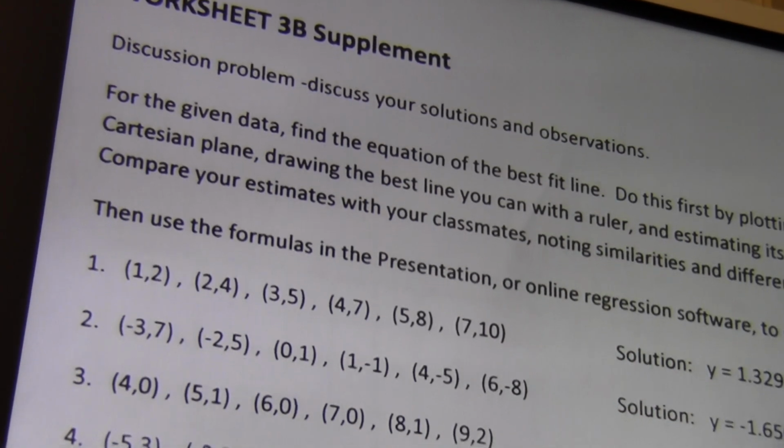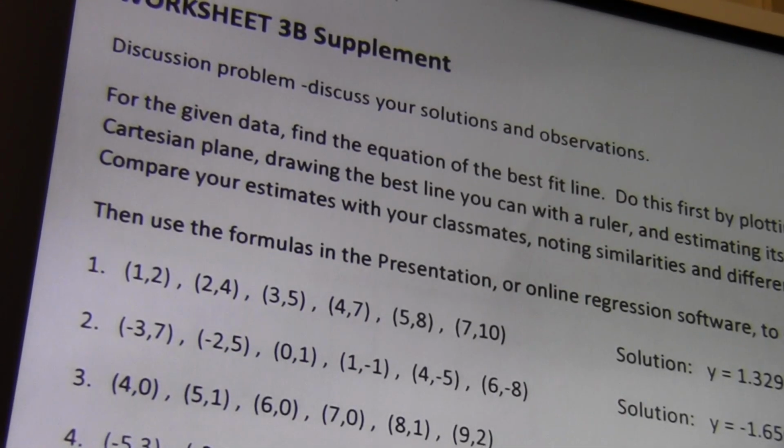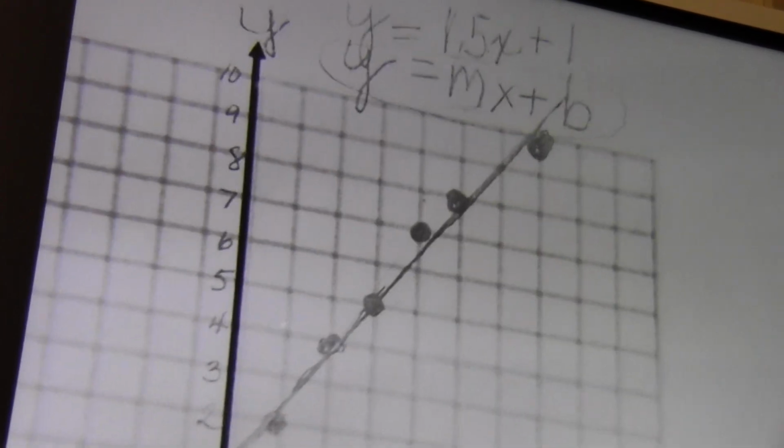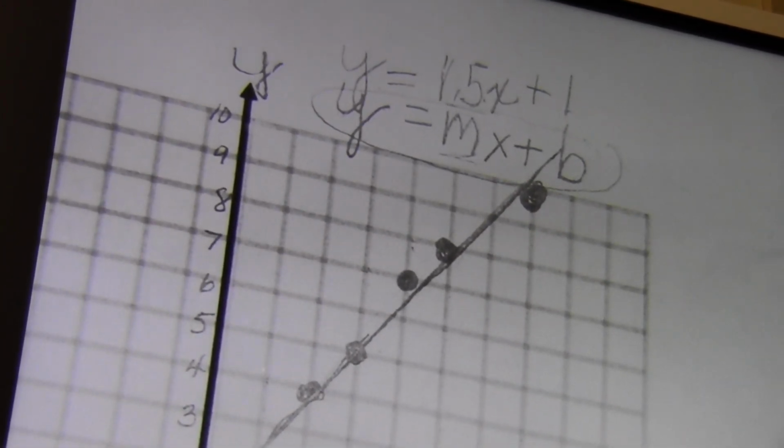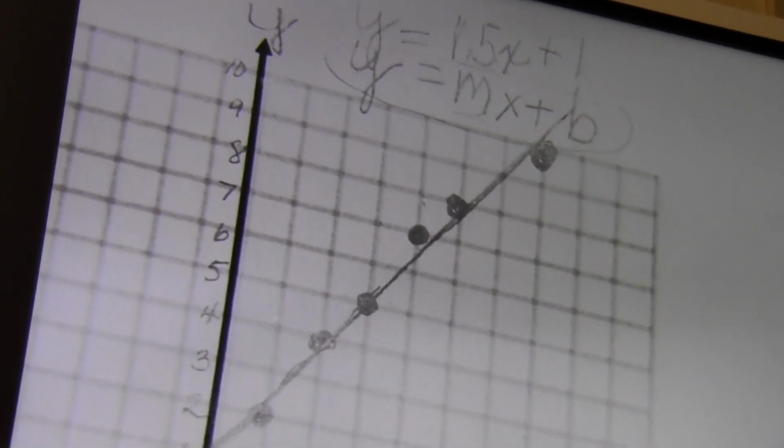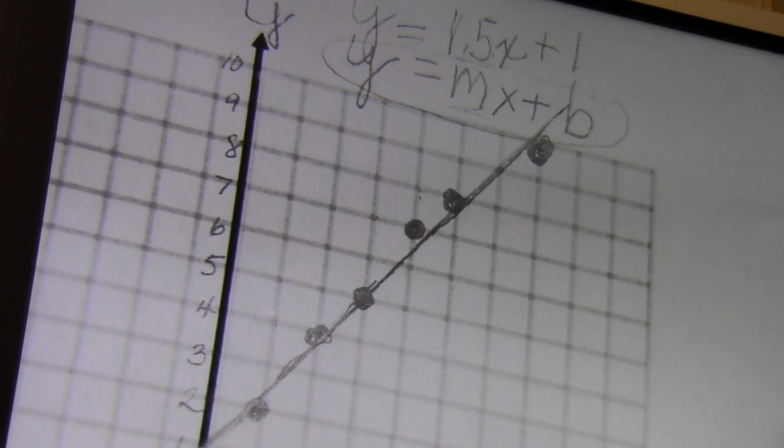The first set of points here I have, and I'm going to make sure that you can all see. Okay, I've plotted the points. The first point was 1, 2. The second point was 2, 4, and so forth.